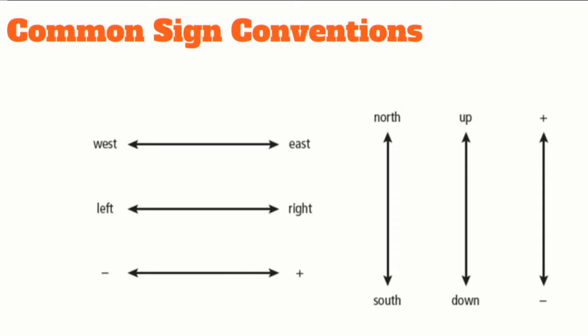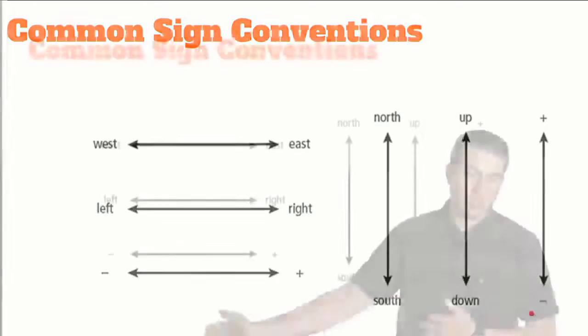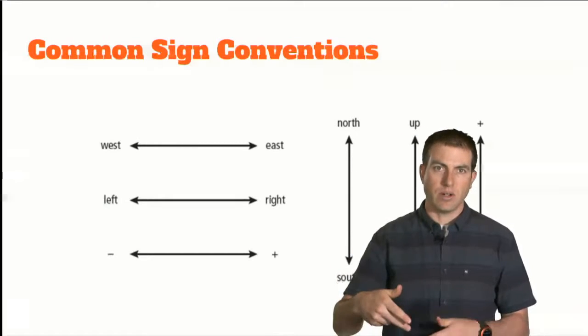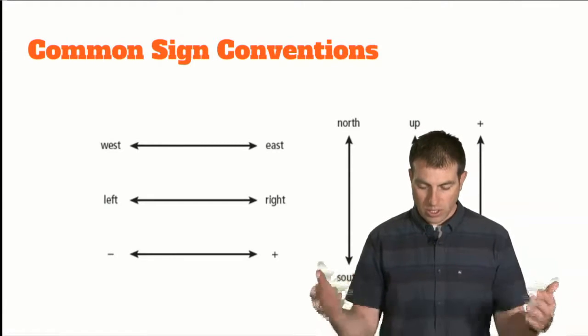If you're dealing with anything to the west, to the left, we almost always give that a negative sign. If we're dealing with something to the east or right, we give that a positive. If we're talking about north or up, we give it a positive. And if we're talking about something that's south or down, we give it a negative. So generally speaking, things to the right are positive, things to the left are negative, things up are positive, things down are negative. That's just the convention we use.